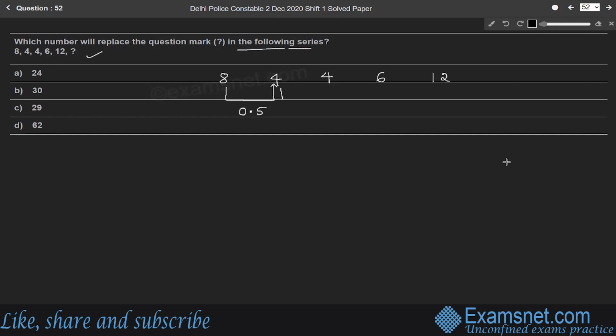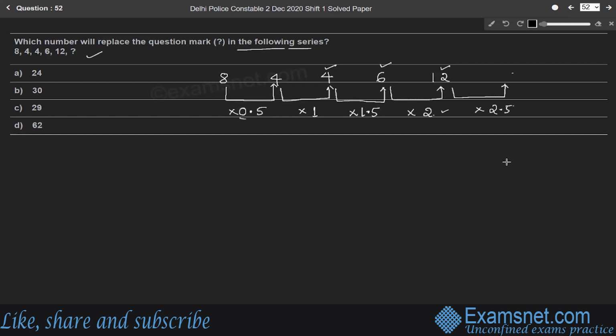The third number 4 is obtained when 4 is multiplied by 1, right? The fourth number 6 is obtained when 4 is multiplied by 1.5, right? And the next number is 12, which is obtained when 6 is multiplied by 2. So the next number has to be obtained when 12 is multiplied by 2.5.